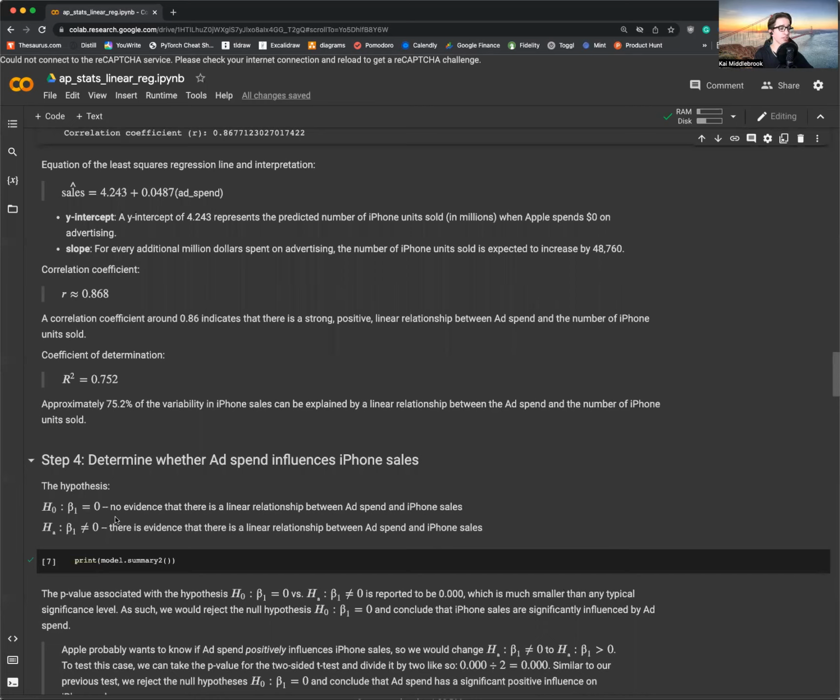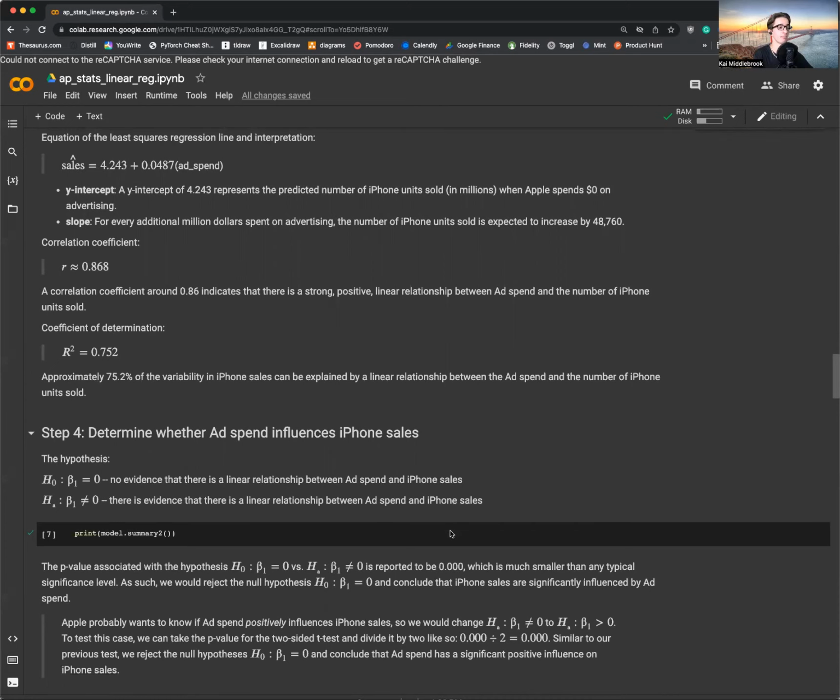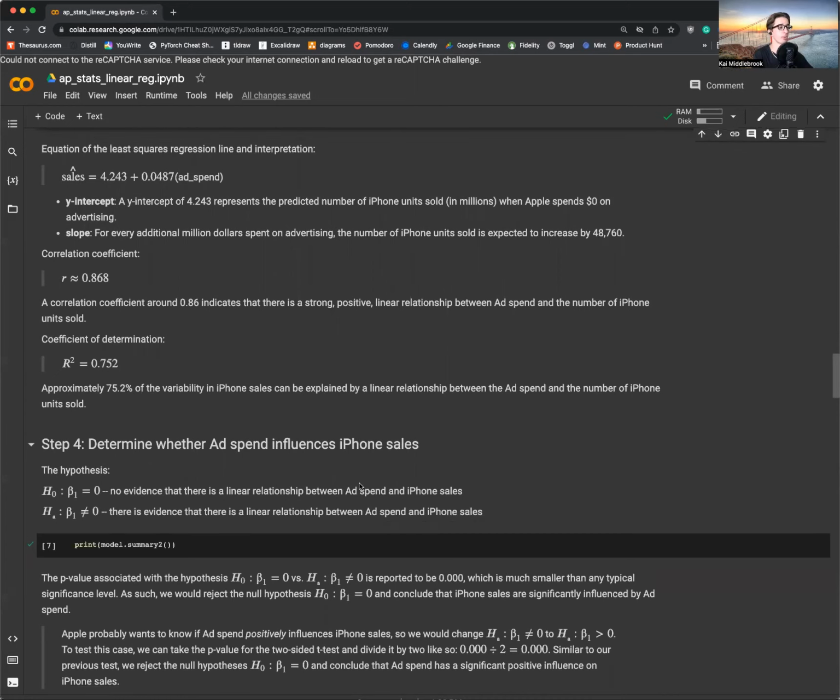And then our alternative hypothesis is that the slope does not equal 0. We would interpret this as an indication that there is, one, a linear relationship between ad spend and iPhone sales, and two, that ad spend does influence the number of iPhone units sold.